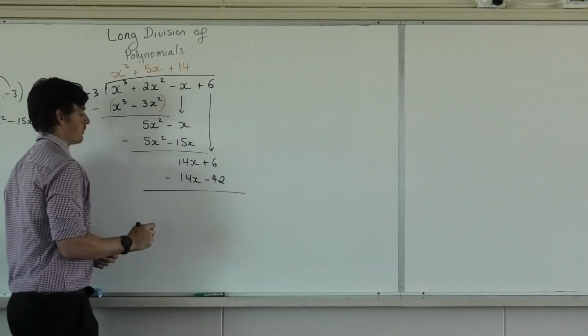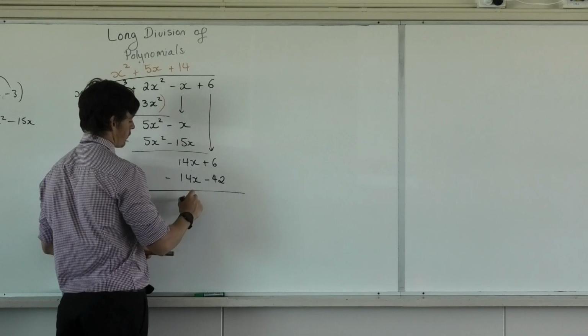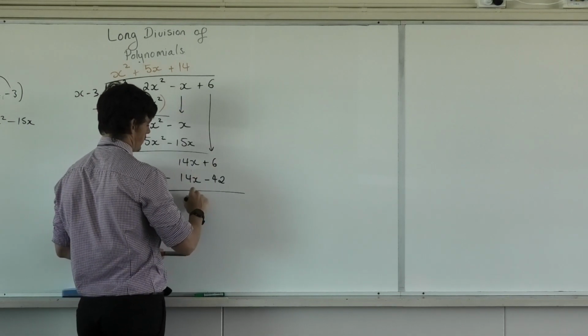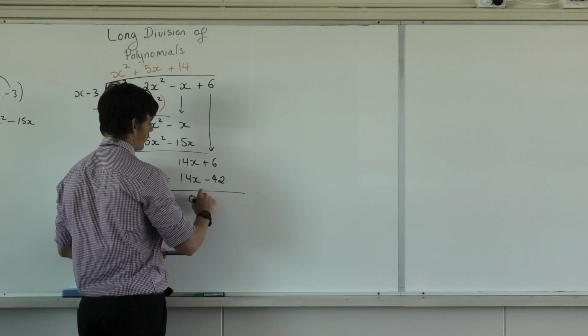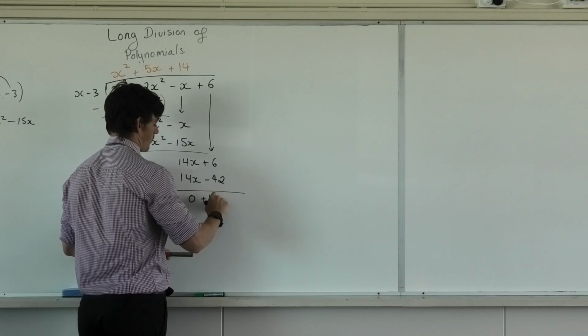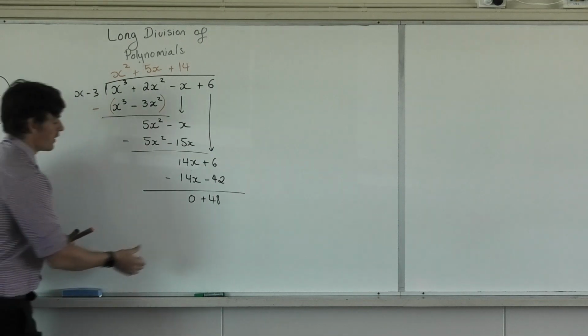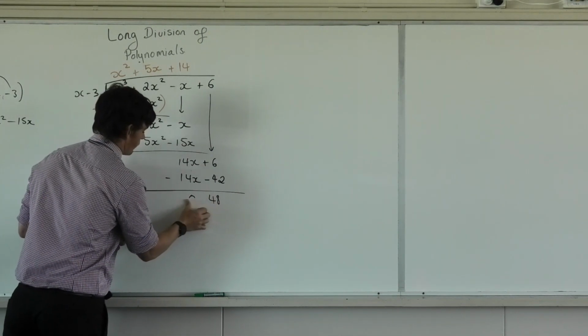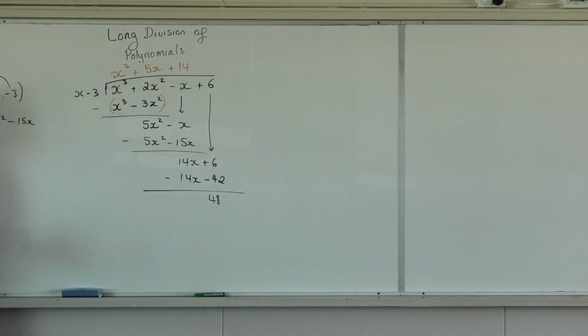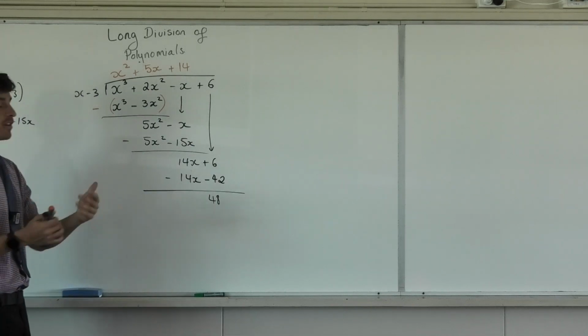Subtract them. 14x minus 14x is 0. 6 minus negative 42 is 48. Positive 48. Can we do anything with that 48? Because x doesn't go into 48, does it? There's nothing else we can do with it.